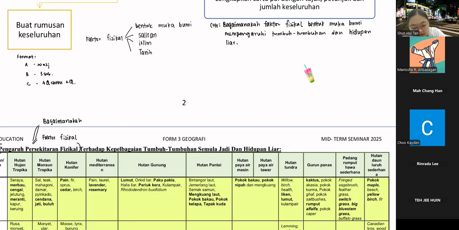Then you can say bentuk muka bumi, we have tanah pamah. So we can say tanah pamah. This is your answer: tanah pamah yang luas, sesuai menjadi habitat pelbagai hidupan liar.